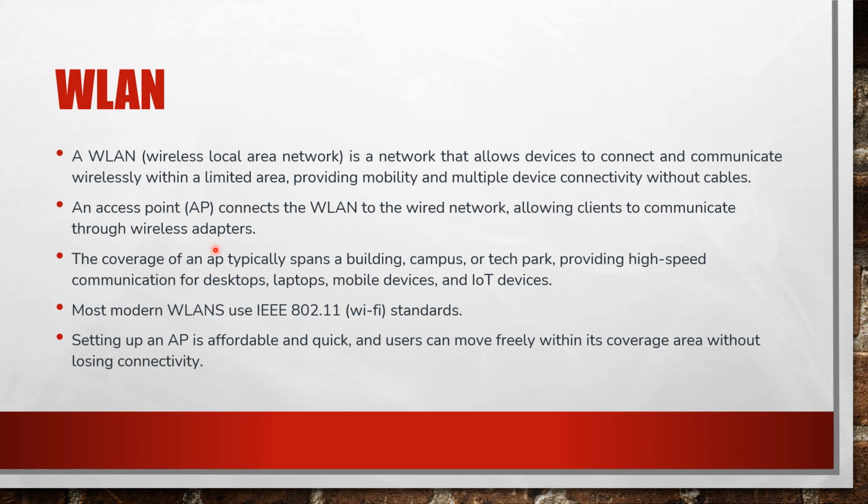The access points ensure the data connectivity between wired and wireless networks. The coverage of an AP typically spans within a building or a campus, which provides high-speed communication for devices like mobiles, laptops, desktops, and of course IoT devices.